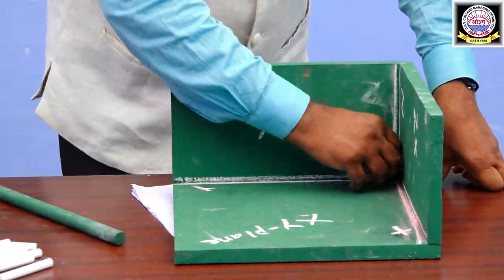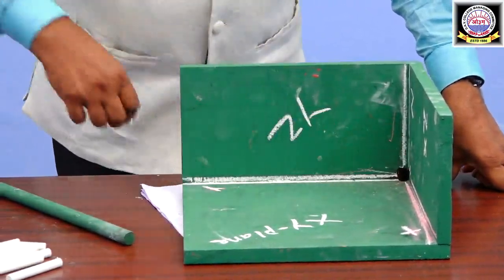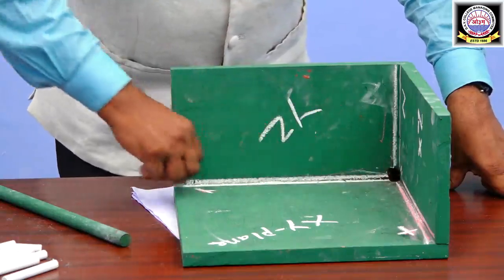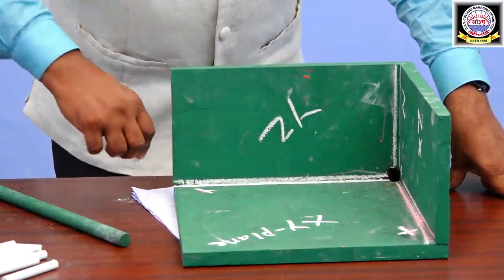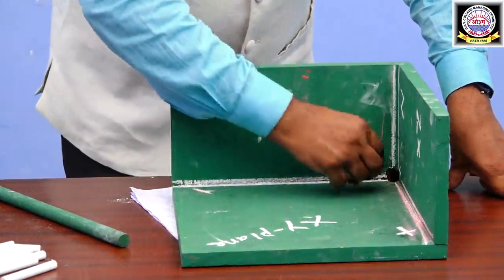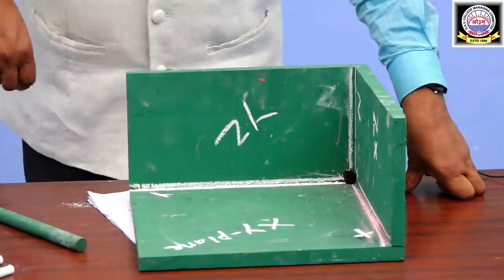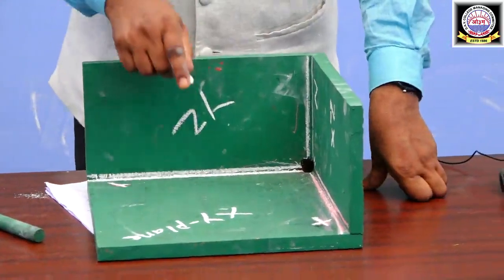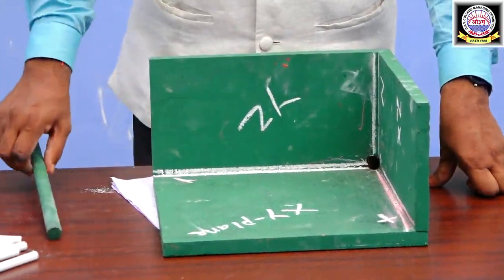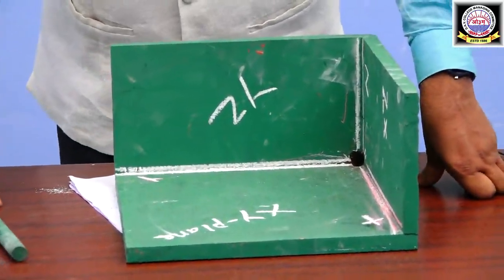I am drawing one straight line on the plane. This is the straight line on the plane, be careful. We have already discussed the straight line in space; now I am taking the straight line in the plane. If I draw a straight line on the xy plane, what will be its equation?